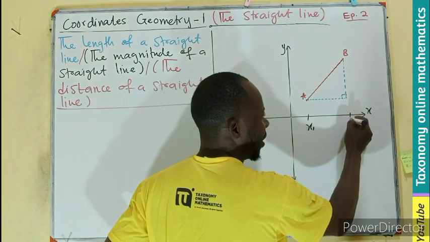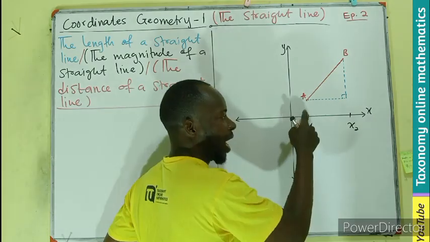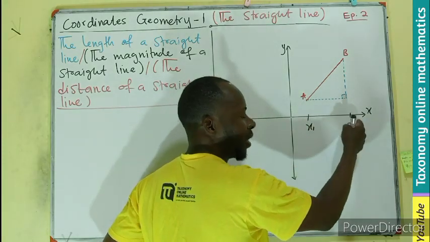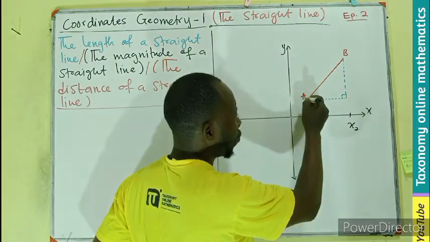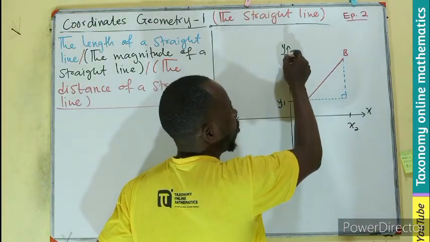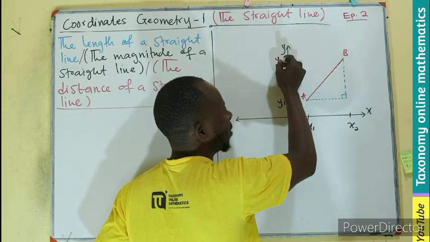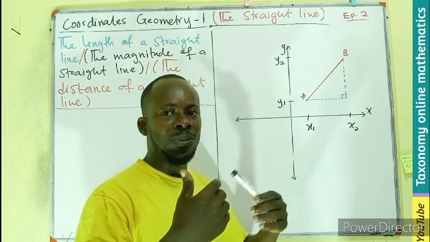Then this is going to be the second x point. Don't forget, if this is the origin, I can have 1, 2, 3. So I am moving away, the number is increasing. So the point here could also be my first y, then the point here is my second y.